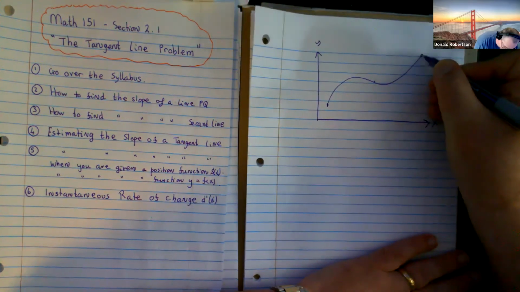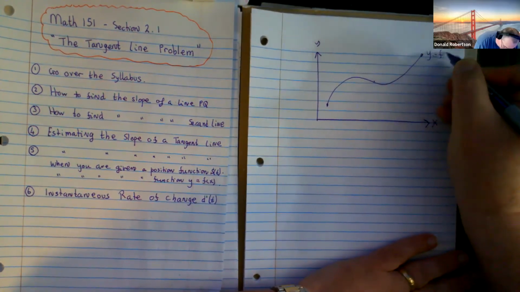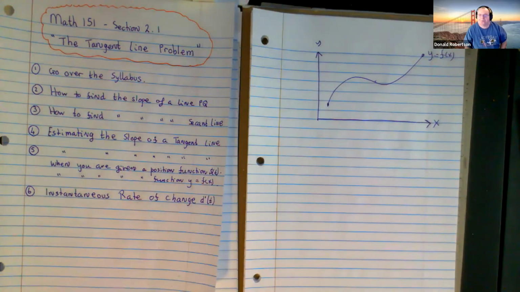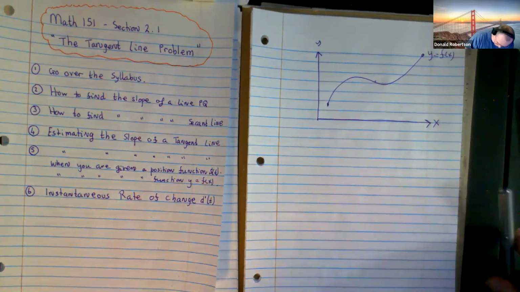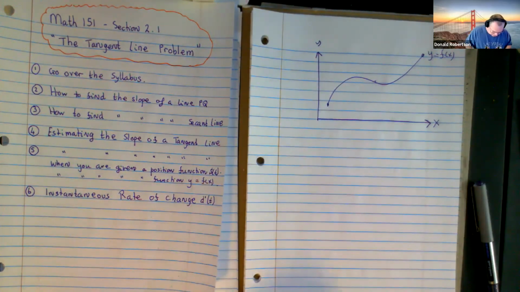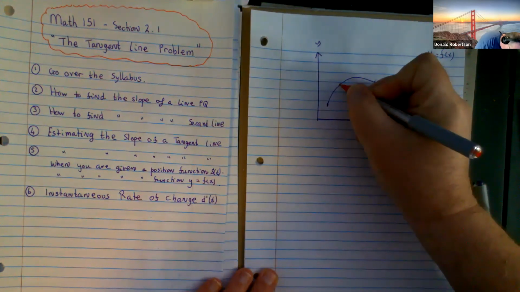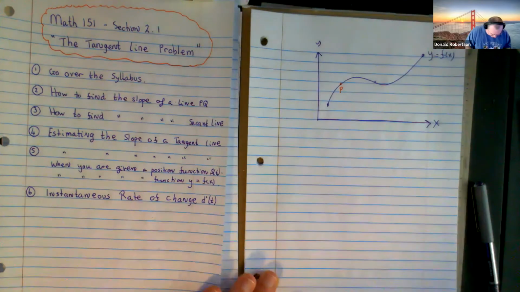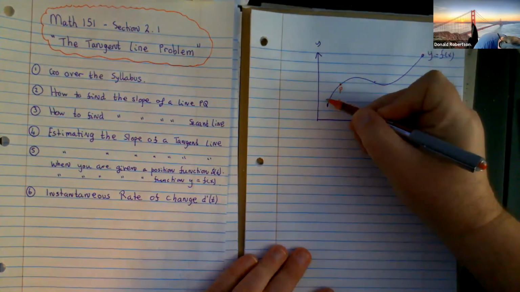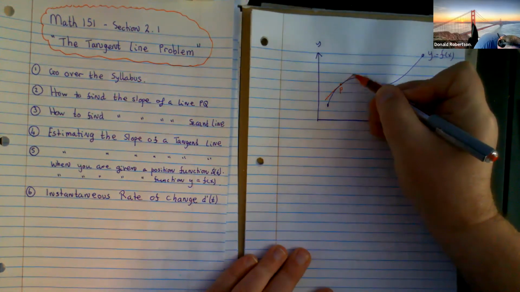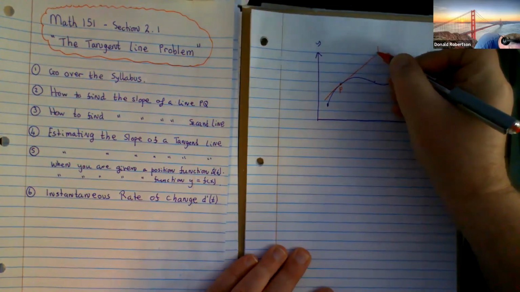So I want you to imagine you have a function, y equals f of x. And the tangent line problem seems to be a pretty simple problem. Choose a point P on the curve, any point you like. It has a line called a tangent line. That's this red line here.